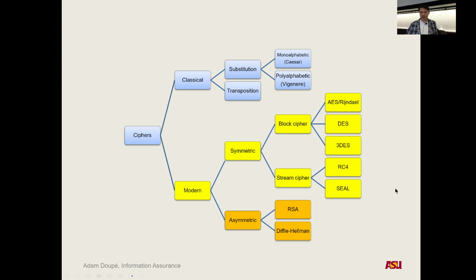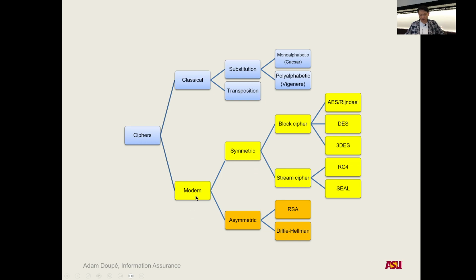Substitutions were the initial type of cryptography, and then transpositions, which move the bytes into a different order. These are also the traditional ways to hide information.